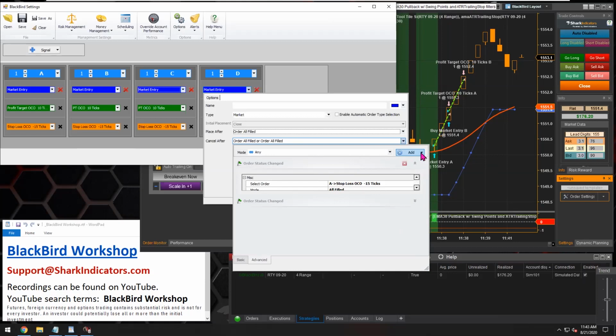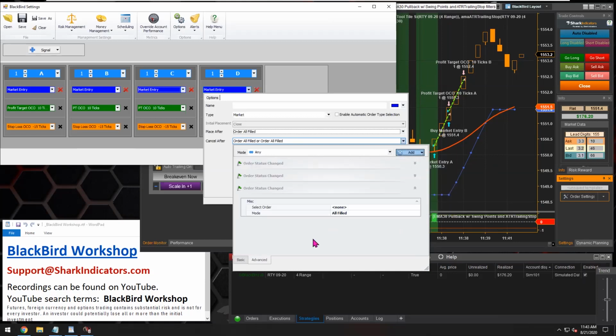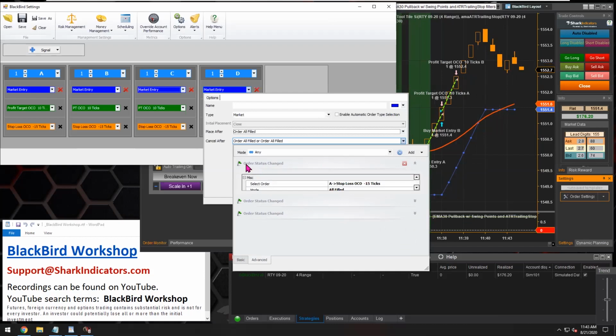Well, we need to add another order status changed, add a third one, and so this third one will look at the stop loss for C. All right, so again, the first order status changed is monitoring the stop loss for A to see if that gets filled.